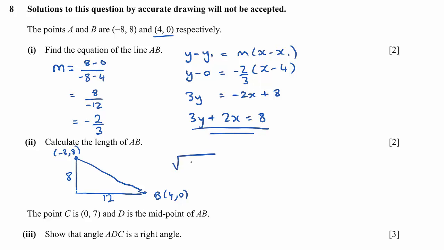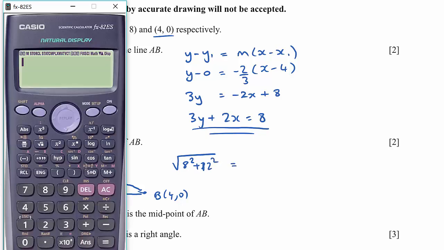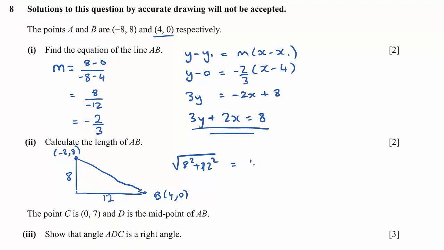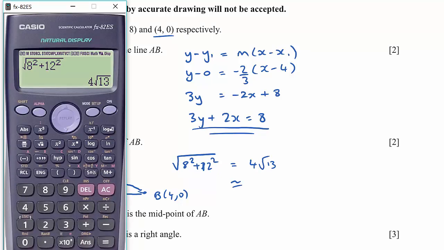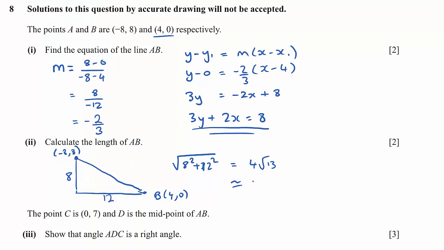So we just want the square root of 8 squared plus 12 squared. So the square root of 8 squared add 12 squared is 4 root 13, which is approximately 14.4 units.